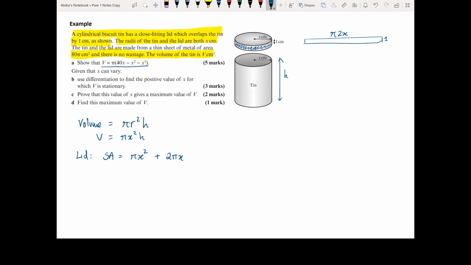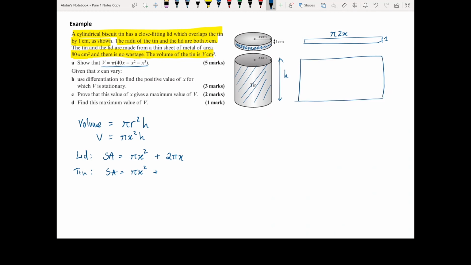Then the tin, remember the top of the tin is open, but there is a base which we need to consider. So the surface area of the tin is the base circle, which is pi x squared, and then plus this curved surface area, which goes all the way around. Now, if we were to open that up, it's the same kind of thing here.